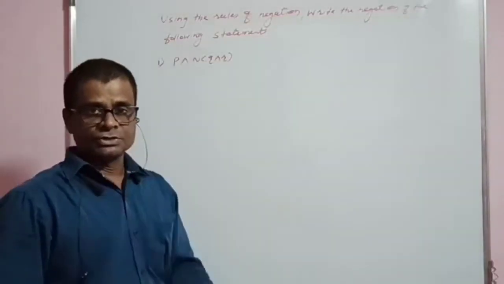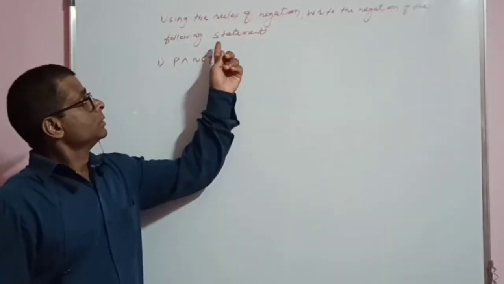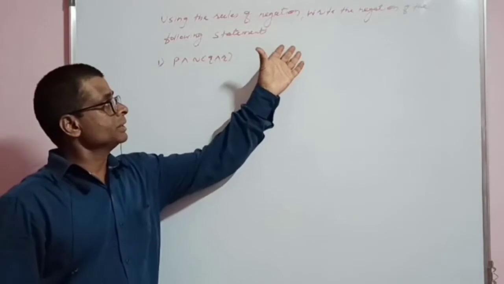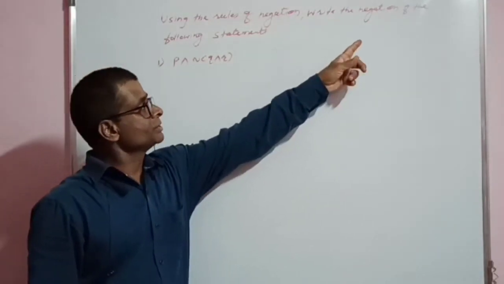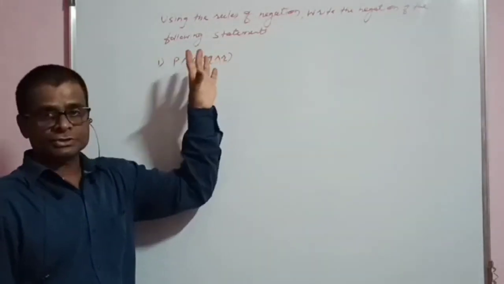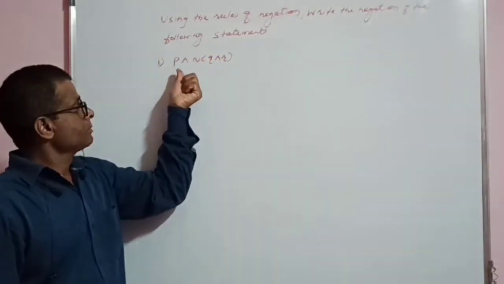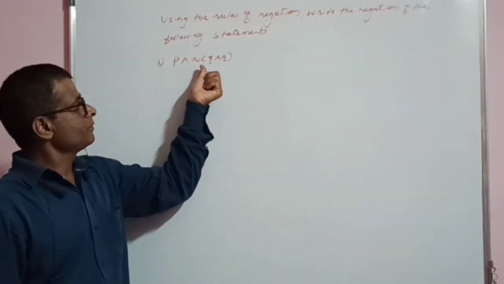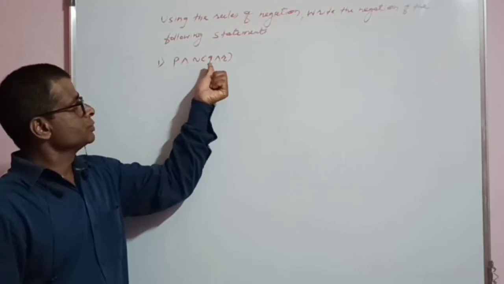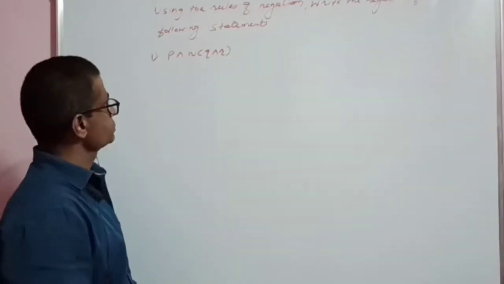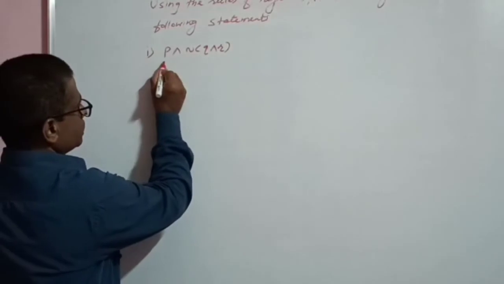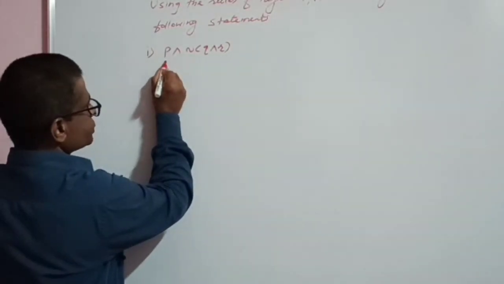Now the next question is like this. Using the rules of negation, write the negation of the following statements. First example, P conjunction negation of Q conjunction R. So which is nothing but the combination of what?